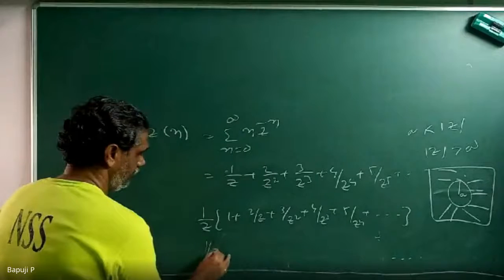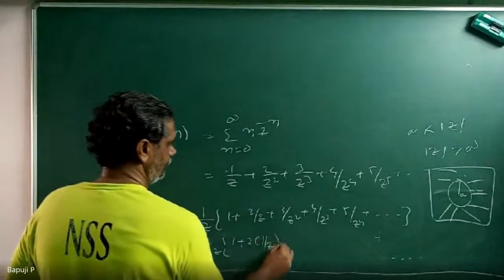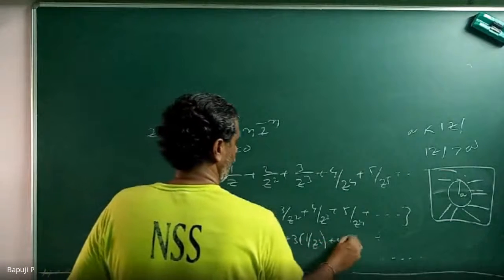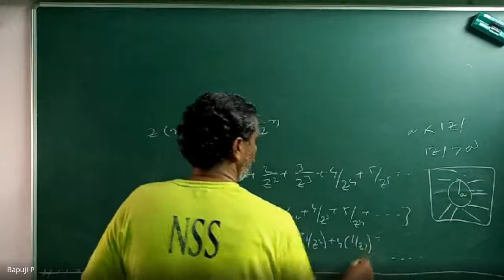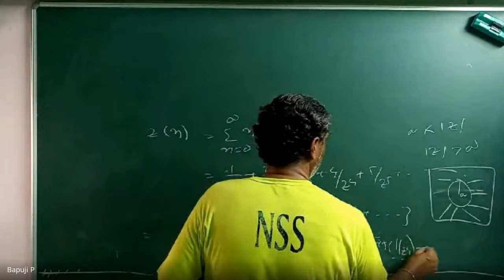So 1 by z, how can I write this? 1 plus 2 into 1 by z, 3 into 1 by z square, 4 into 1 by z cube plus 5 into 1 by z power 4, and so on.